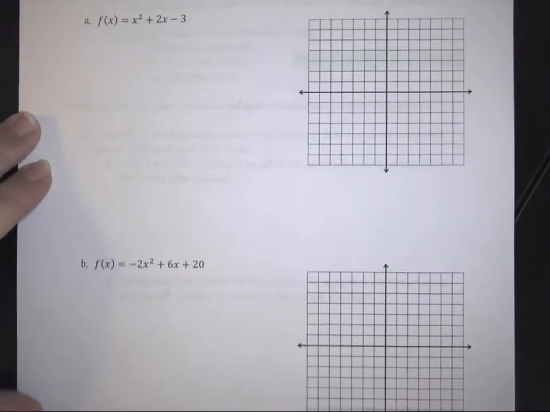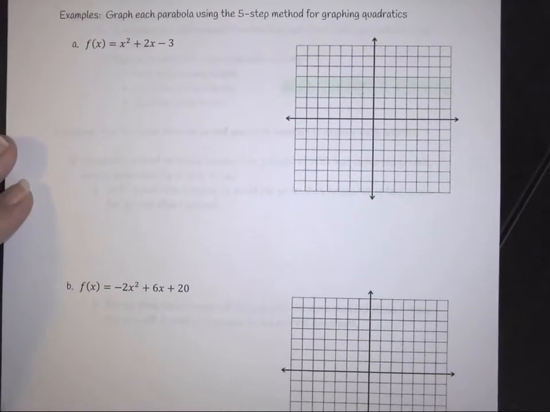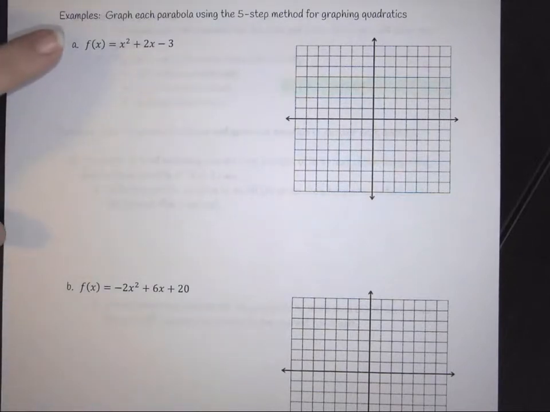So let's take a look at an example here. The first thing I have is to graph the parabola using what's called the 5-step method. So that 5-step method are those 5 points that we just went over. And so this is how it works. Well, first thing to note is that my equation here is in standard form.